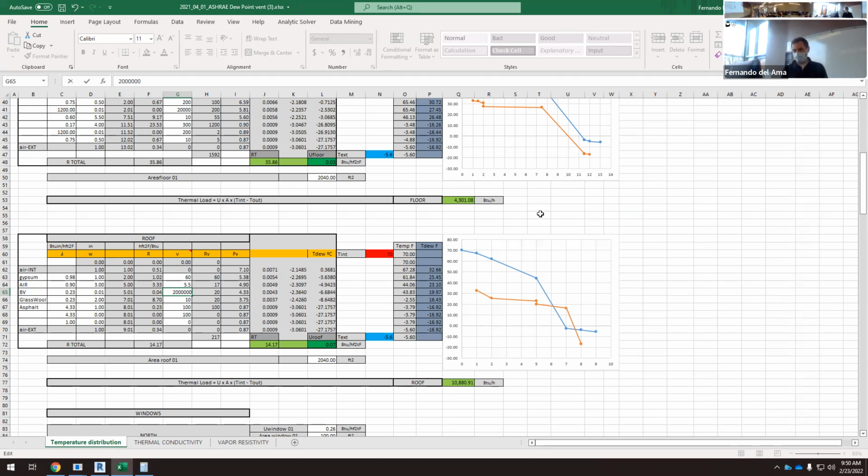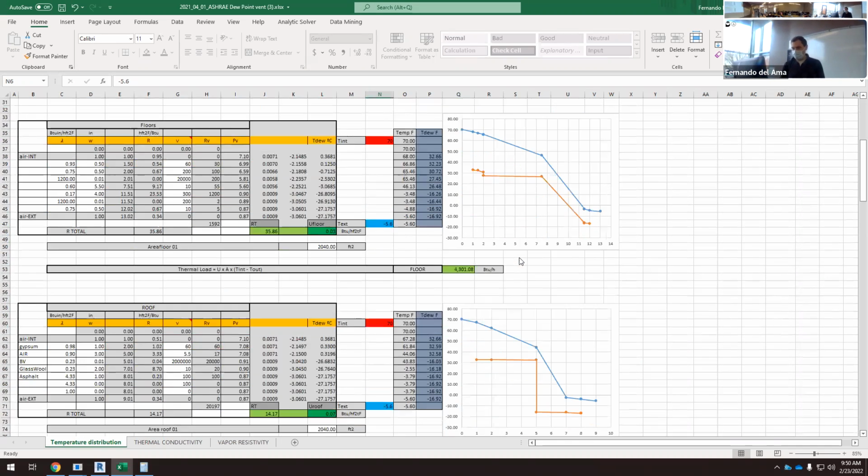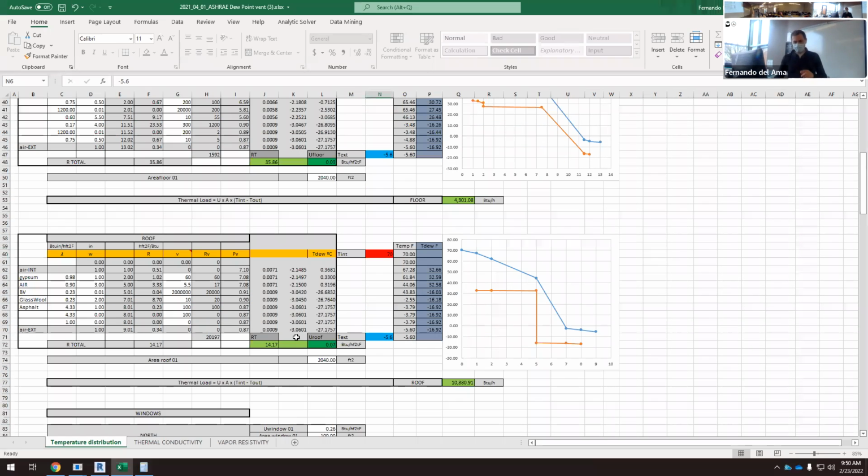Because that means that we need to study this case, because probably even with a good vapor barrier, we will have problems with condensation. With this crazy outdoor temperature, it's almost impossible not having condensations. Anyway, so we can do this.